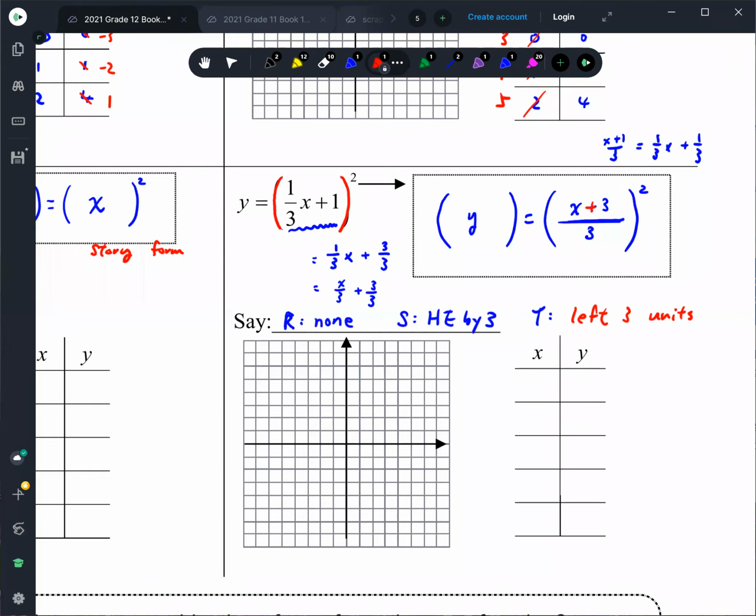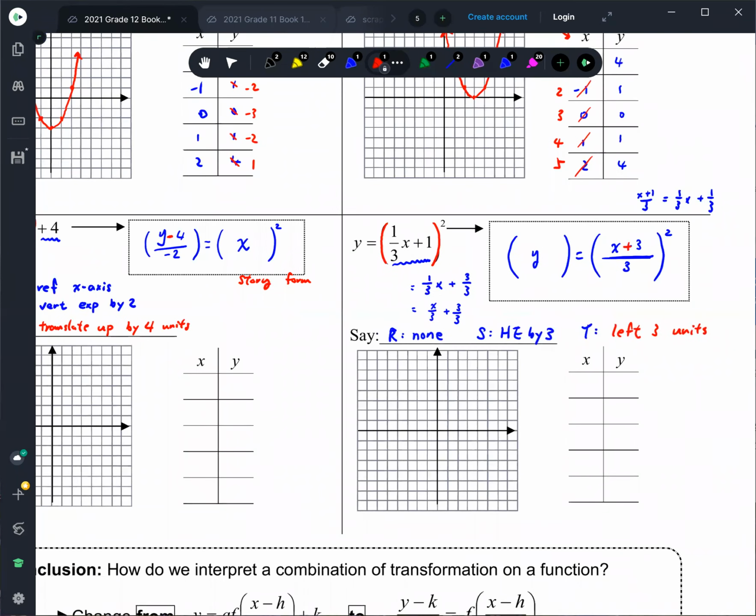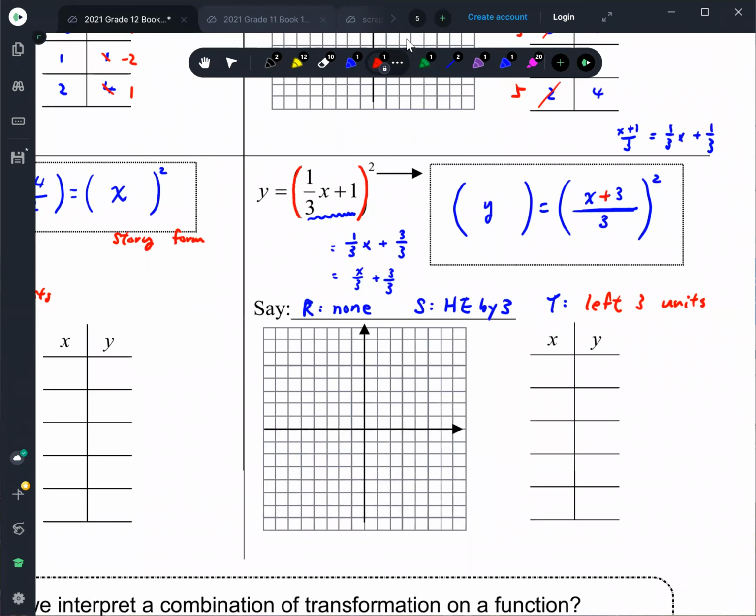Okay, so your form has to be x plus something minus something over, and then if it's on the y side, same thing. So in general, I'll let you guys write this down first. Can you raise your hand if you finished writing this story? So you could have something happen on the y side and on the x side at the same time.